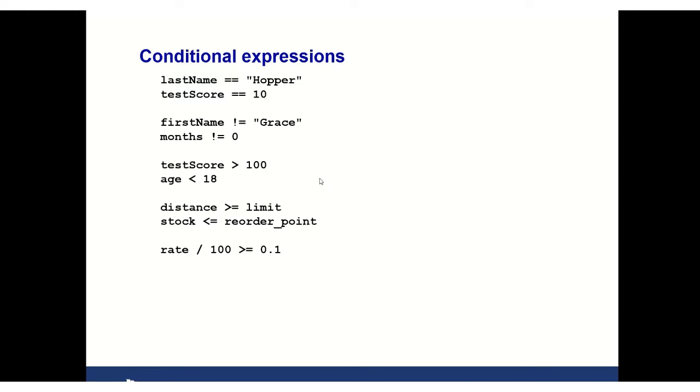Let's say we have an example where we want to display a test score that is more than 100. I'm not going into whether that is possible or not. Maybe they have some extra credit, I don't know, but that is the criteria you are going to lay out when you want a test score more than 100.